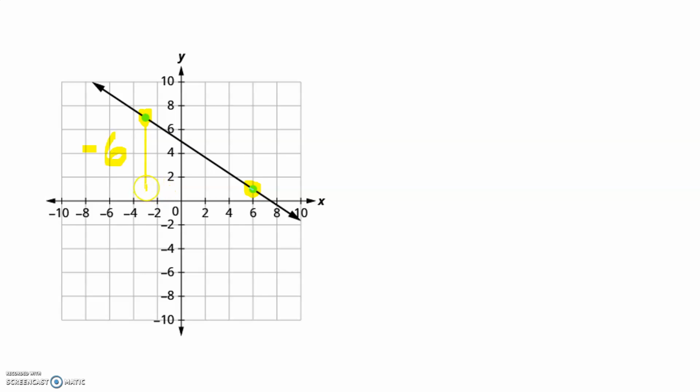And then across, note each of these squares is 2. So half of it is 1. 1, 2, 3, 4, 5, 6, 7, 8, 9. So our run is 9. So our slope is -6 over 9.